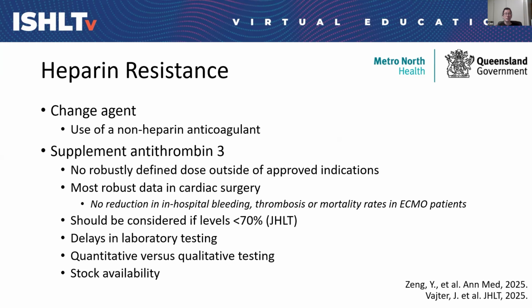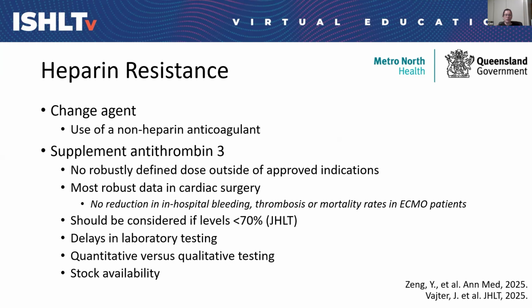to 120% of normal, but these are not robustly defined outside of the treatment of hereditary AT3 deficiency or perioperative and peripartum thromboembolism. And they don't account for the clinical picture or ongoing sequestration in the context of circuits.